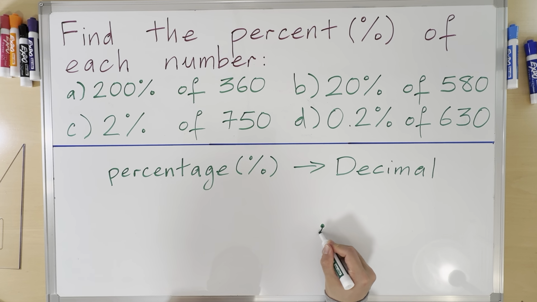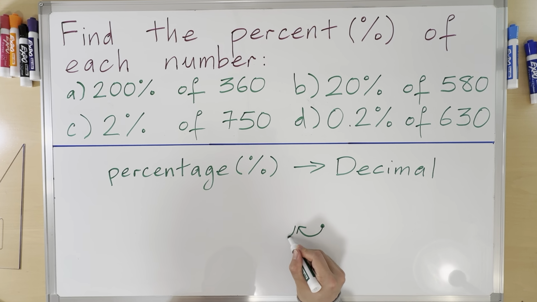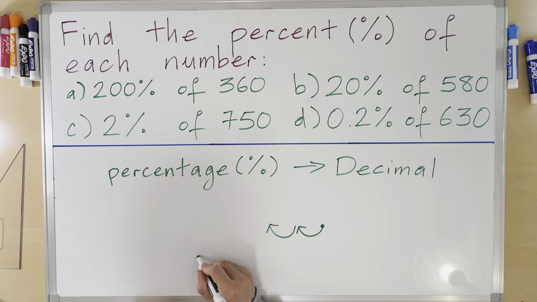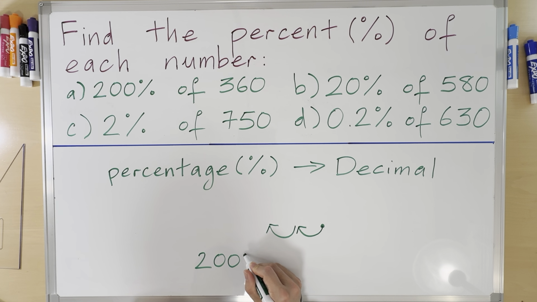So 1 and 2. And so therefore, for 200%, the decimal is right here.